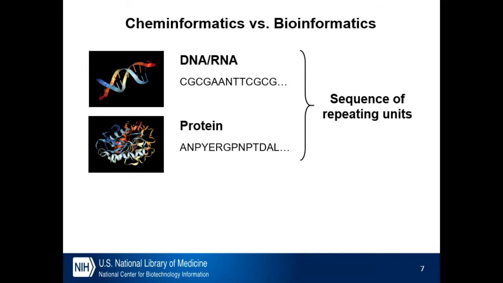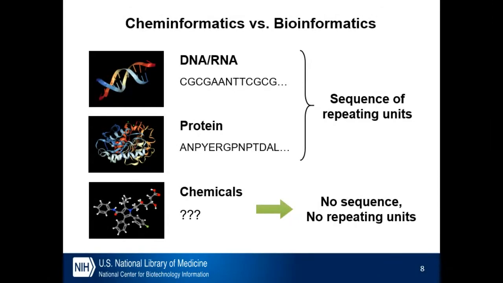But in my view, the biggest difference between cheminformatics and bioinformatics comes from what they deal with. In bioinformatics, we deal with biomolecules like DNAs, RNAs, and proteins. These biomolecules are essentially sequences of repeating units, like 4 nucleotide bases in DNA and RNAs and 20 amino acids in proteins.